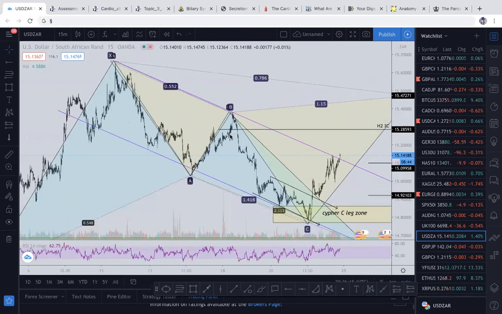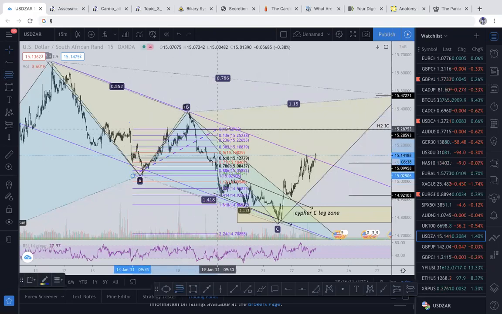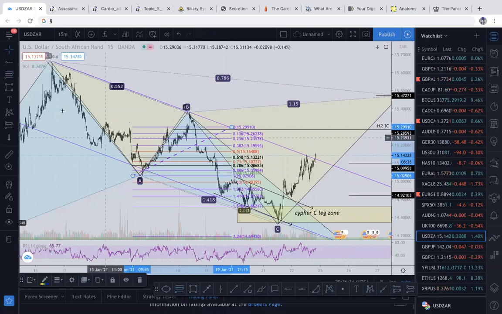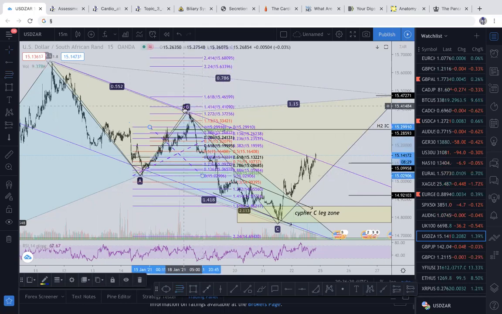Yes, I was going to show this example on USD/ZAR. If you look here from this point, there is a little pattern that was here. So I was trading this area as a cipher. If you look here, we're within the zone of a cipher perfectly.